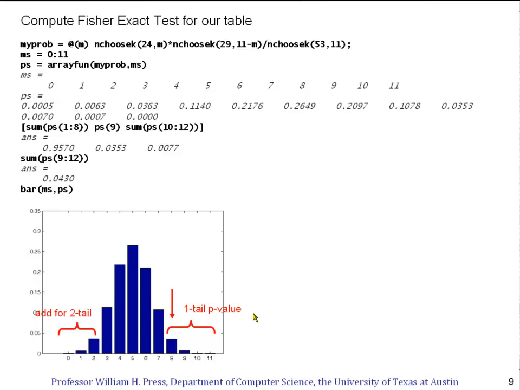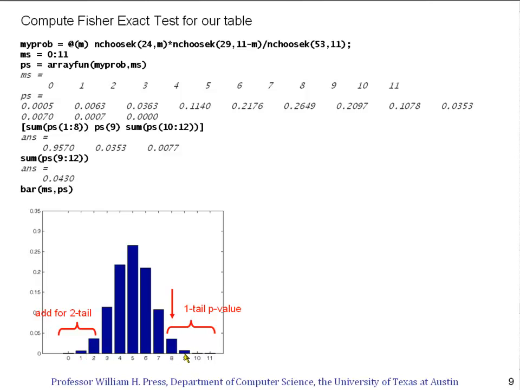If you were in a situation where you needed a two-tailed p-value test, then you have to add in some bins on this side. And now you start seeing why, in my opinion, Fisher's exact test isn't really as exact as people say. How many of these bins do you add? What does it mean to be as extreme or more extreme than 8 when you're looking for tails on this side?